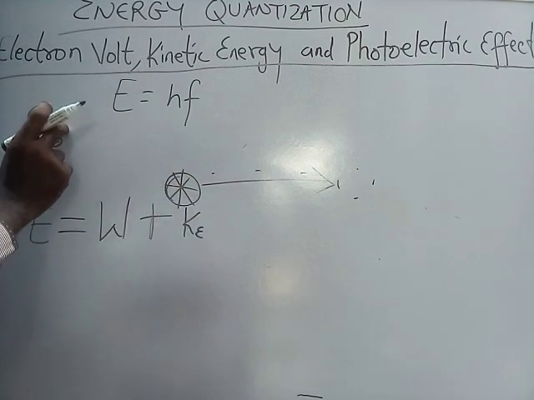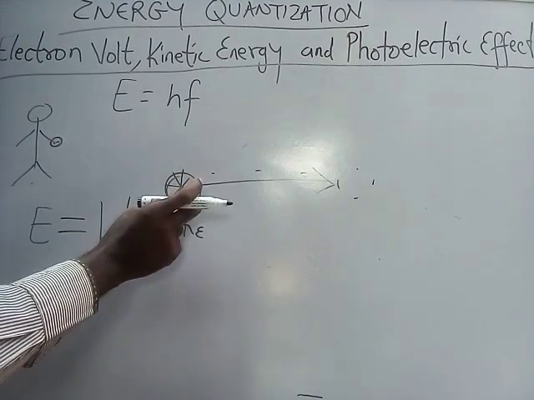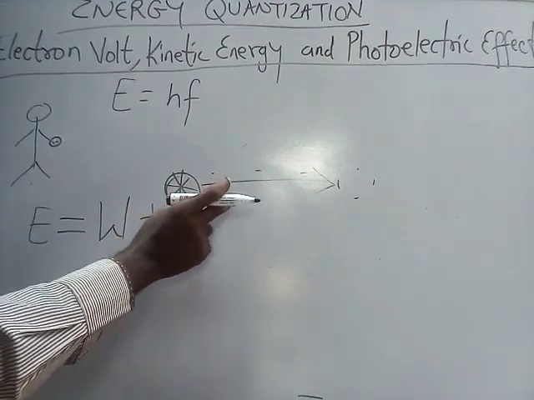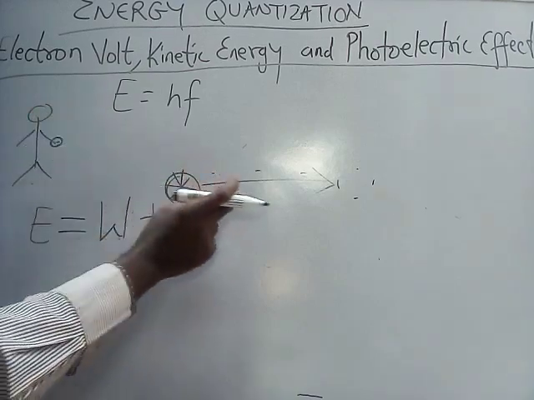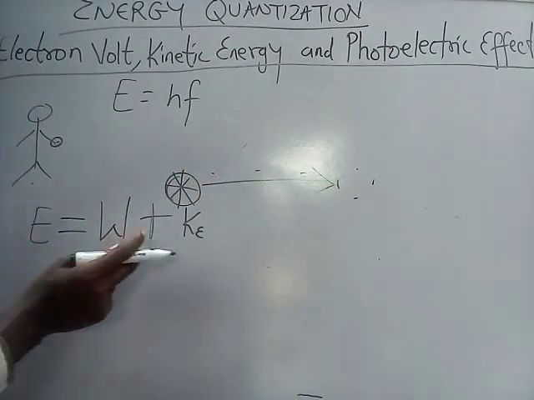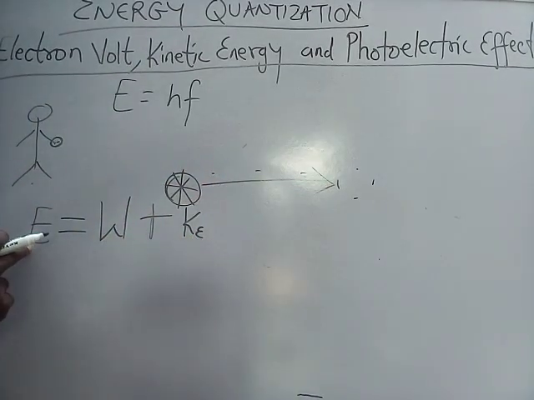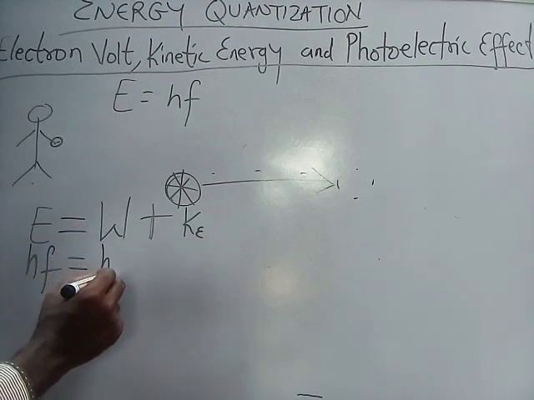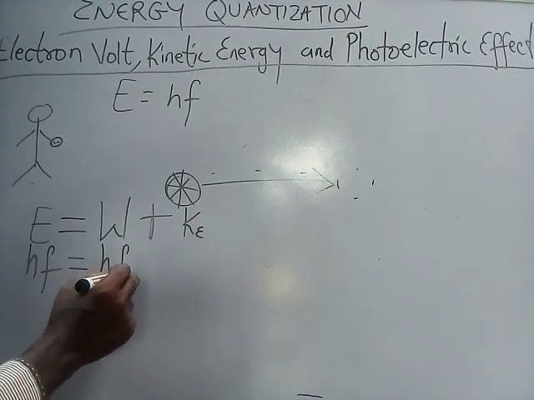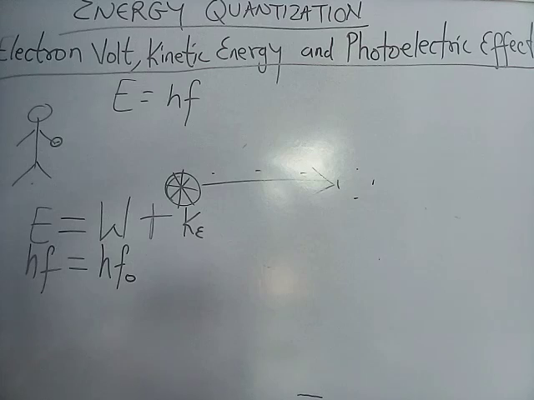The energy here displaces the ball and makes the ball move. So this total energy did these two things, that is, the energy equals these two things. This energy is the Planck constant times frequency, hf. This work function is the Planck constant times the threshold frequency.